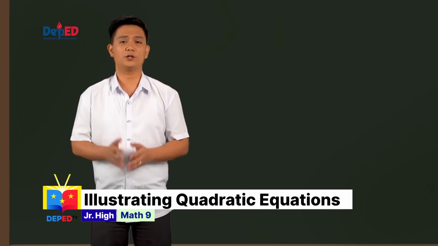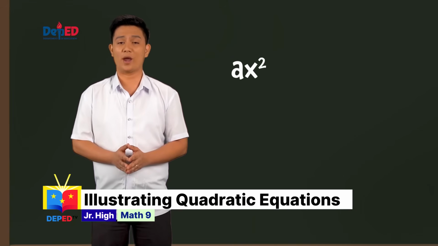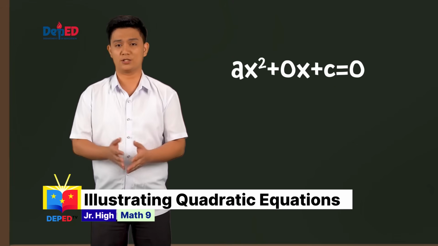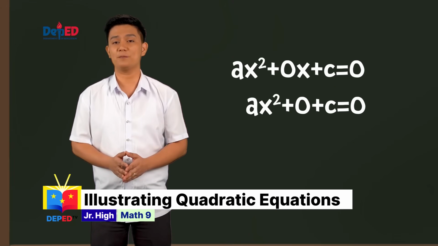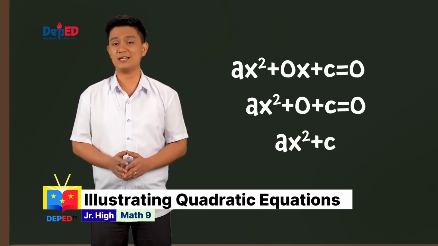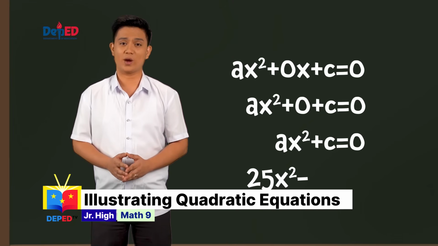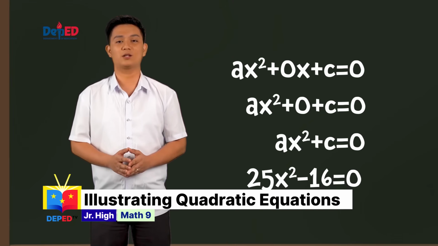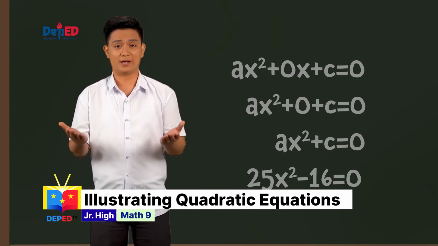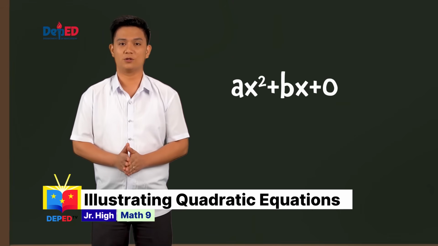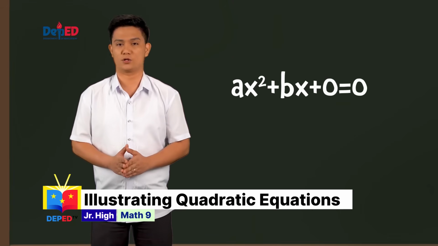Therefore, there are quadratic equations where b is equal to 0 or there is no linear term. They are of the form ax squared plus c equals 0, just like 25x squared minus 16 equals 0. On the other hand, there are those where c is equal to 0, or there is no constant term.